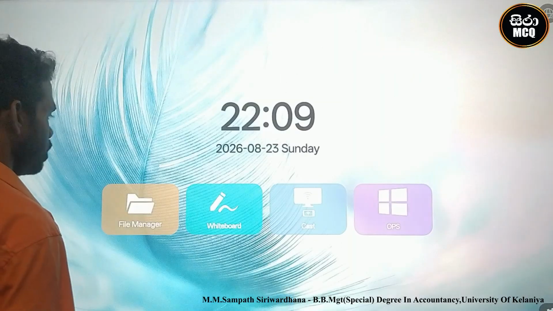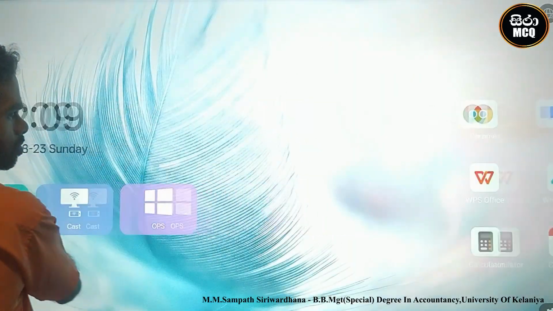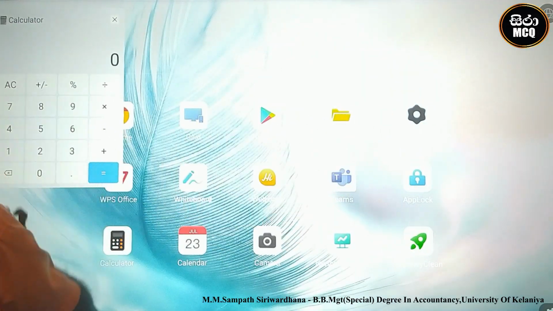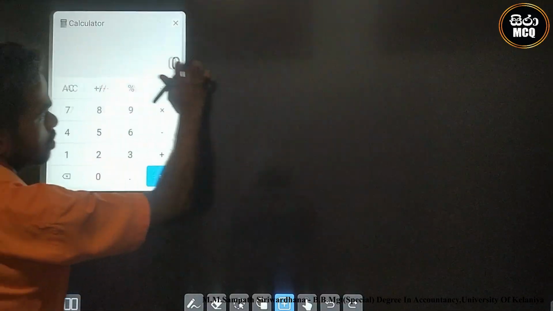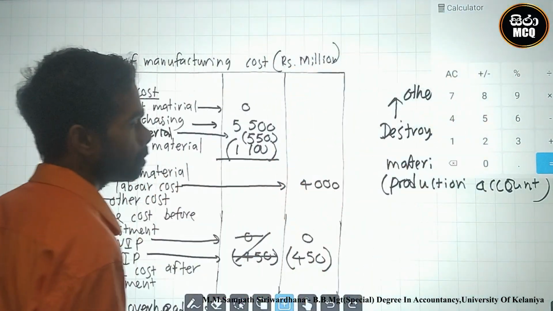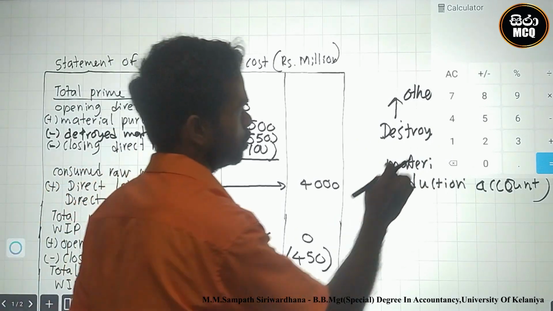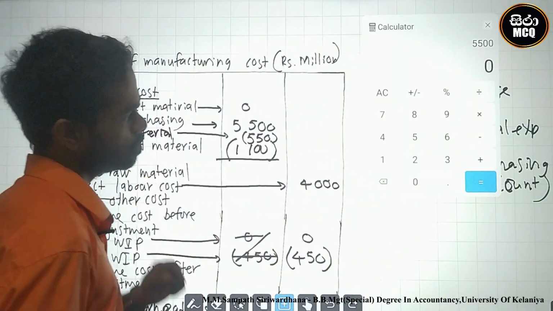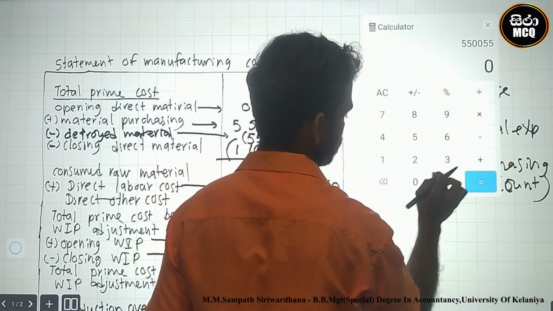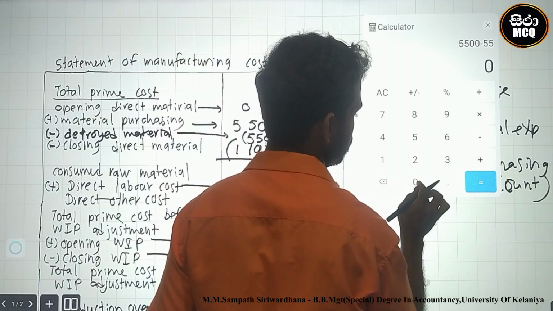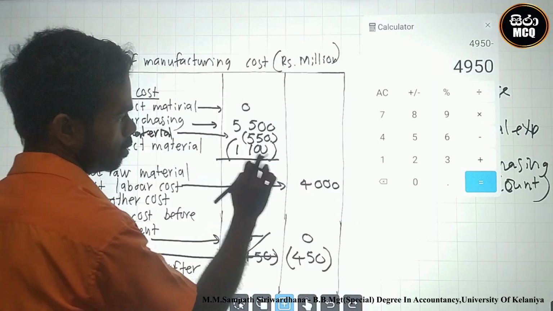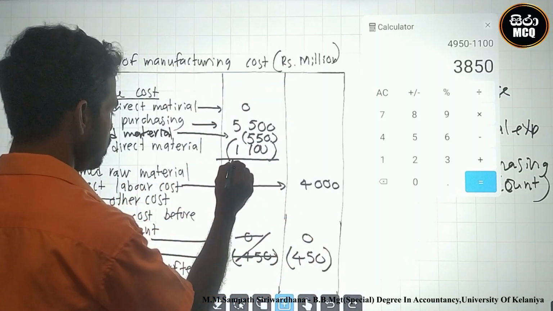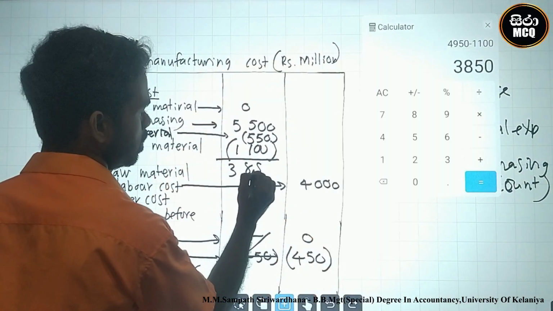We can use the calculator. 5,500 minus 550 minus 1,100 equals 3,850.